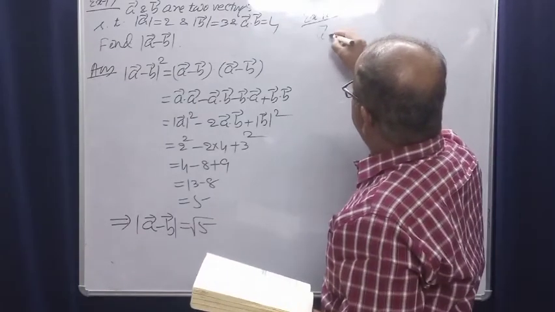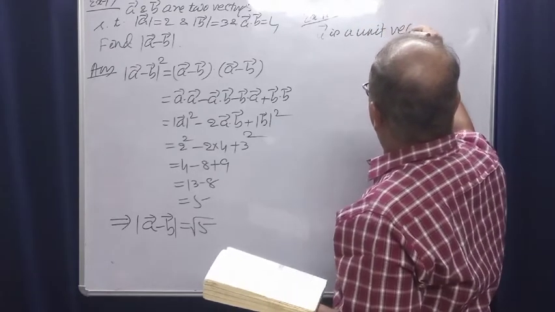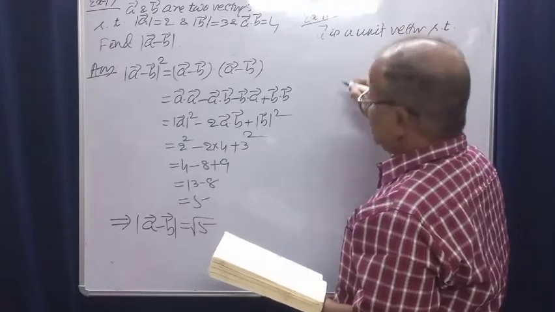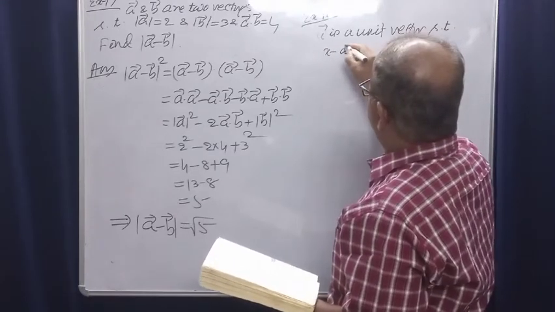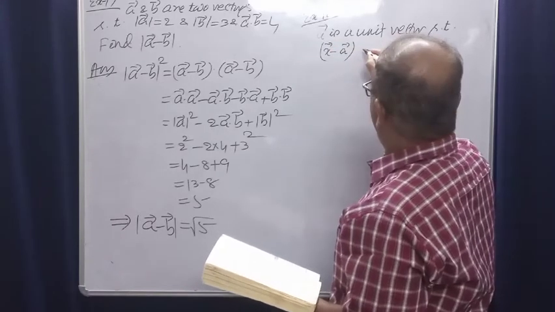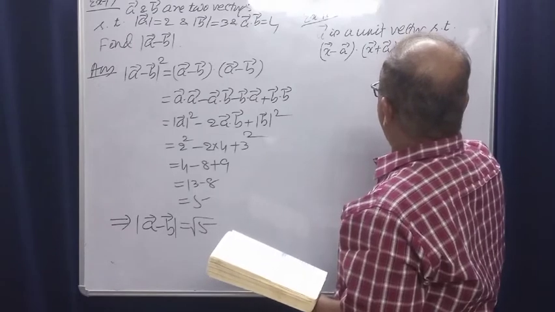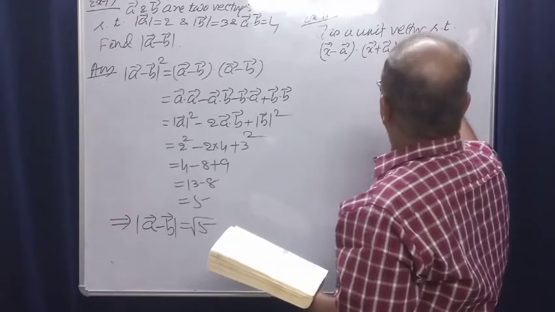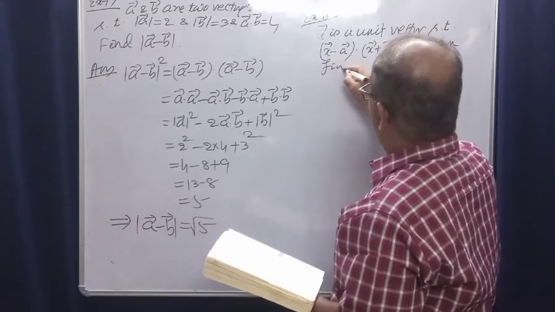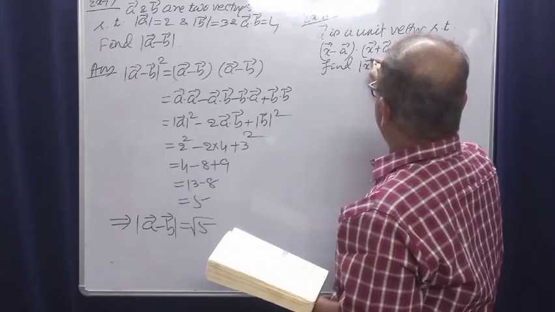A is a unit vector such that x minus A dot x plus A is equal to 8. Then find magnitude of x.